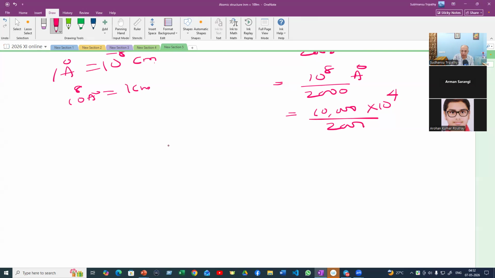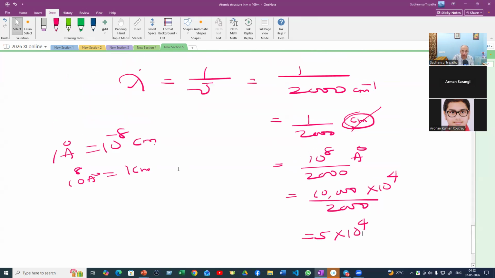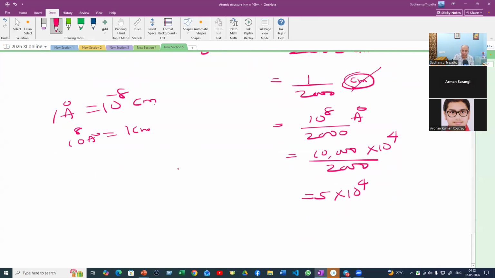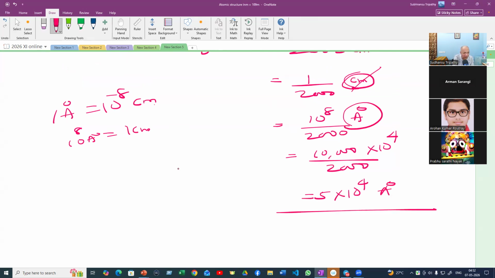So what is the result? 5 times 10 to the power 4 angstrom. I'm sorry, angstrom, because we have already converted to angstrom. Now can you tell me which branch of the electromagnetic spectrum this particular wave belongs to?